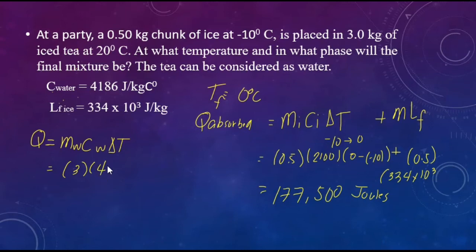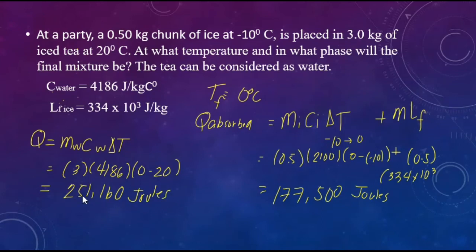C of the water is 4,186. Then delta T for the water, final is 0. Let's assume that the final temperature is 0. So 0 minus 20. Therefore, the heat released by the water is equivalent to 251,160 joules.